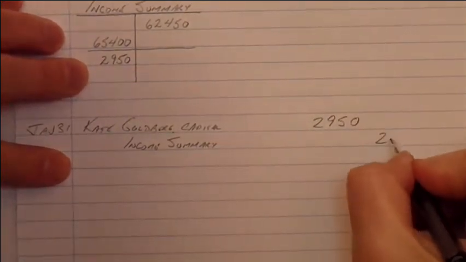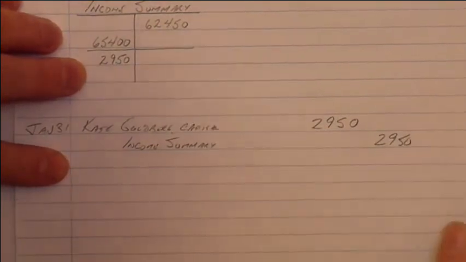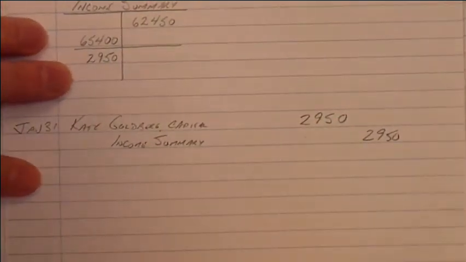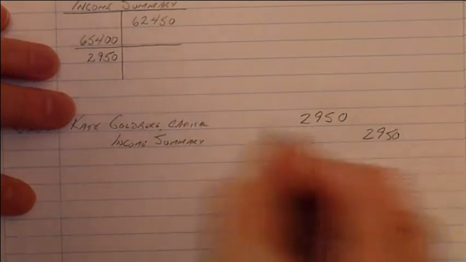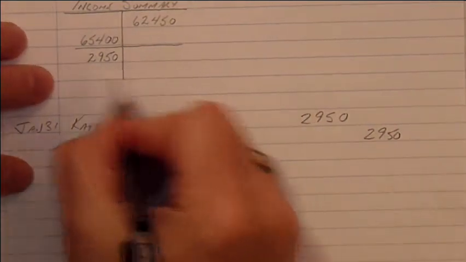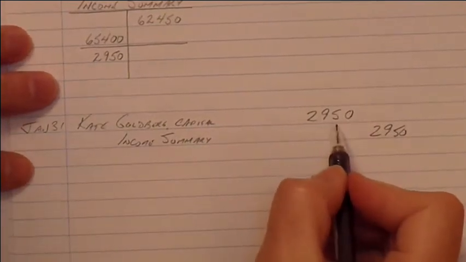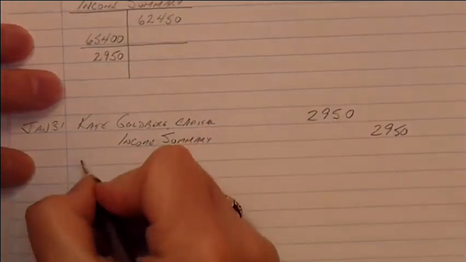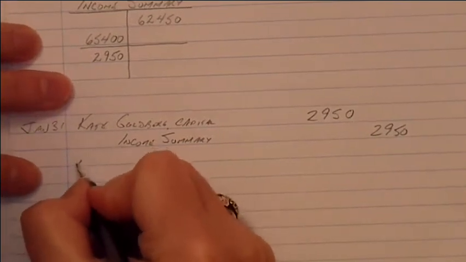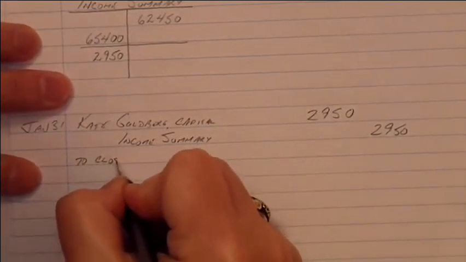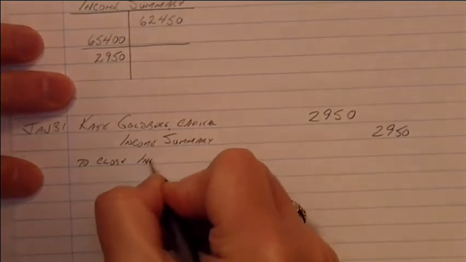So we're going to debit Kate for $2,950 and credit income summary for $2,950. Now, the result of that, when we put that through, will be to zero out the income summary account, and Kate's capital account is actually going to be decreased by $2,950. And the journal entry requires a description, so to close income summary.